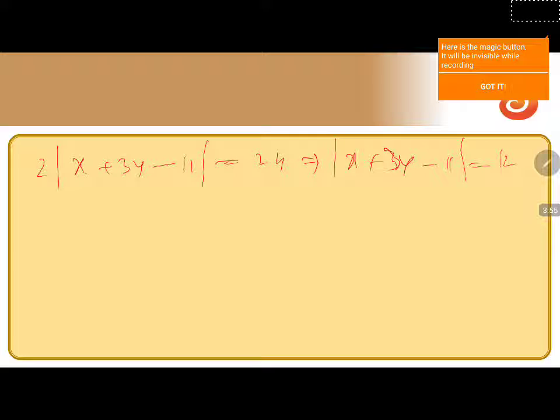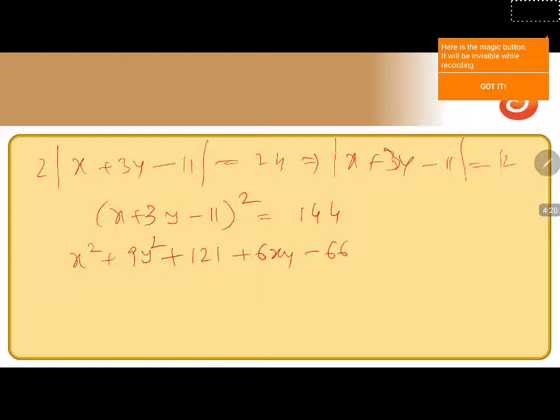Squaring on both sides, I get (x plus 3y minus 11) square is equal to 144. So I have x square plus 9y square plus 121 plus 6xy minus 66y minus 22x minus 144 is 0.